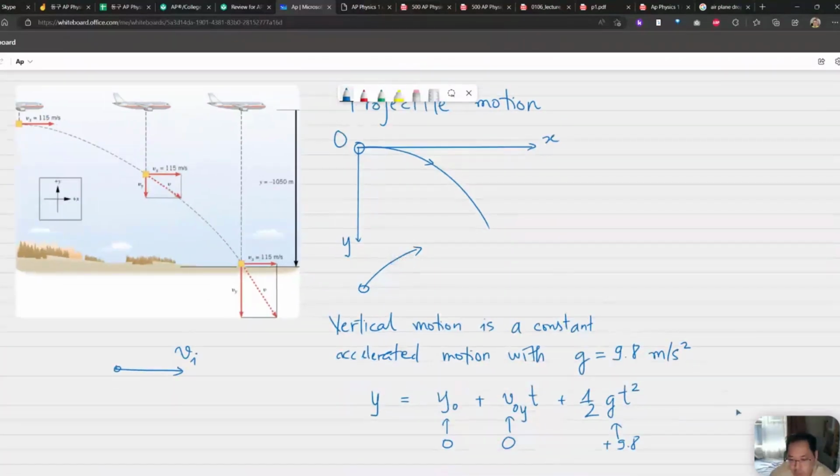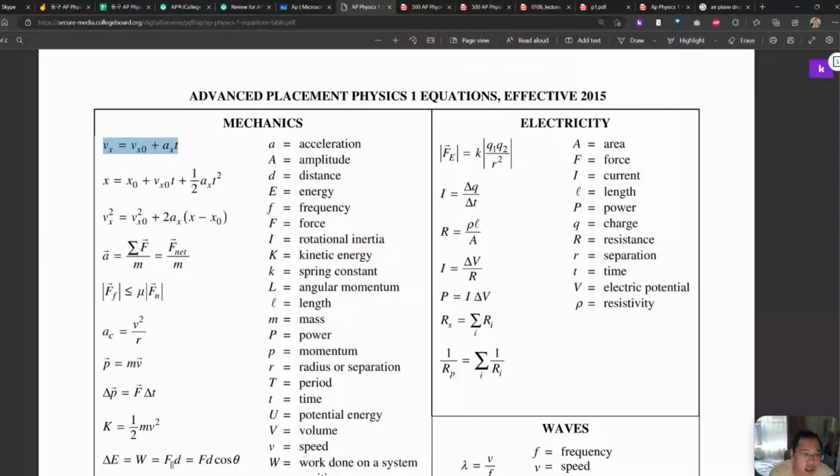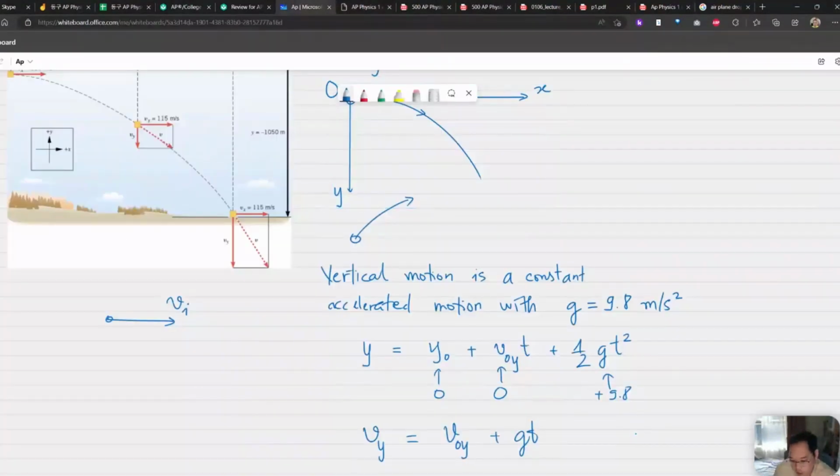Besides, the vertical velocity of this object varies with time and is described by this equation: the initial vertical velocity v0y added with g times t, where g is 9.8. The vertical velocity changes linearly like this.